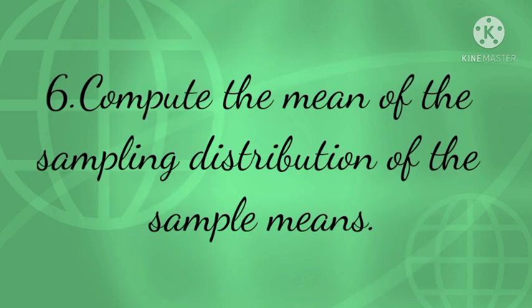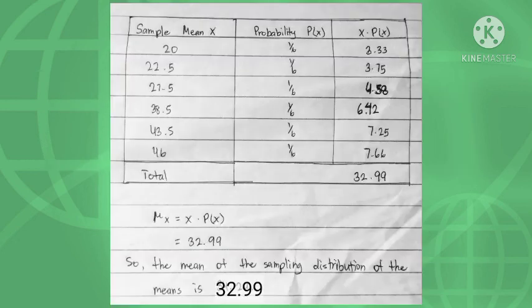Compute the mean of the sampling distribution of the sample means. So here are our sample means: 20, 22.5, 27.5, 38.5, 43.5, and 46. We have the probability of 1/6. To get the mean of the sampling distribution of the mean, we need to multiply our sample mean and its probability.